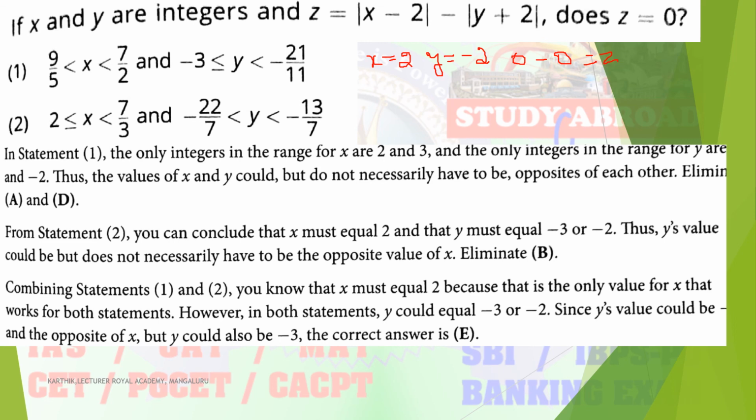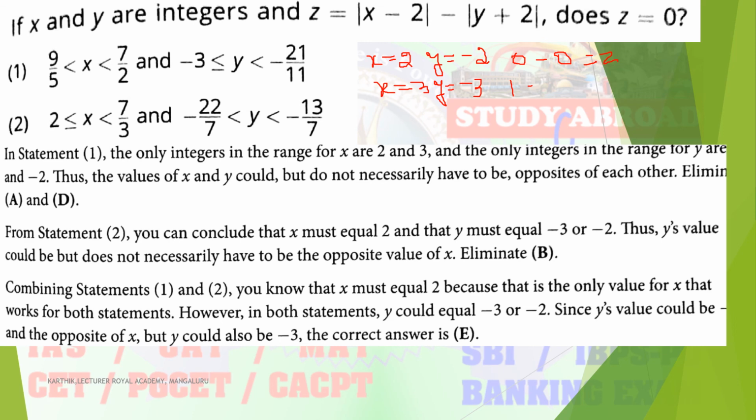And for the second condition, you take another value, x is equal to 3, y is equal to minus 3. So 3 minus 2 is 1, and minus 3 plus 2, how much?